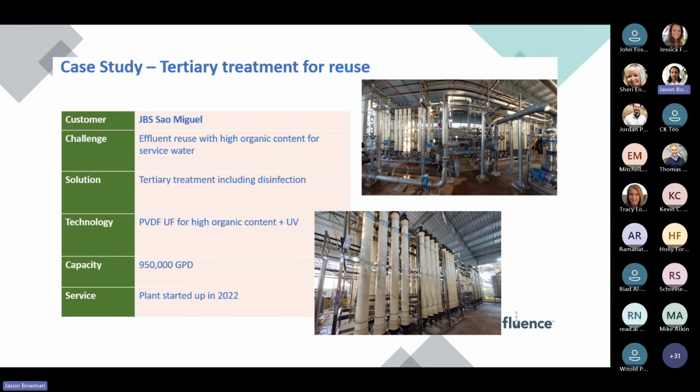But then the biological system was followed by a microfiltration process using a chemically resistant membrane, a PVDF membrane, and then followed by UV disinfection to provide high quality effluent. So in the end, the process has a reuse capacity of nearly 1 million gallons a day, which really helps to offload the stress of the local municipal water supply.